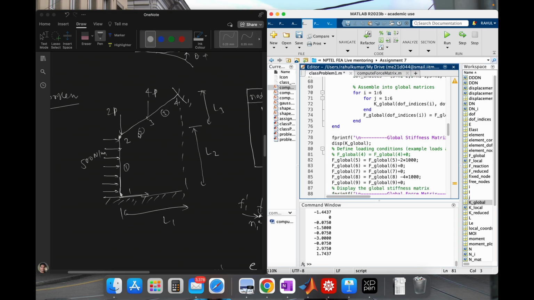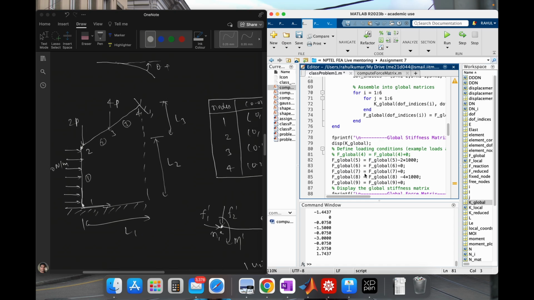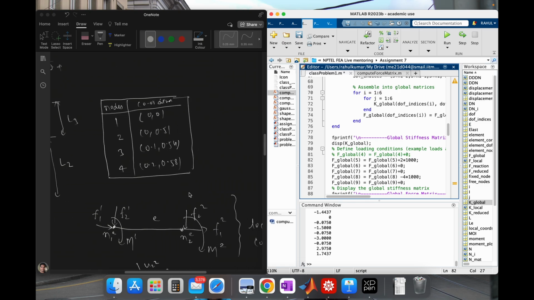But f global 5 is in the vertical direction, since it is wrong, because we are taking negative force, I mean vertical downward force, as a positive.